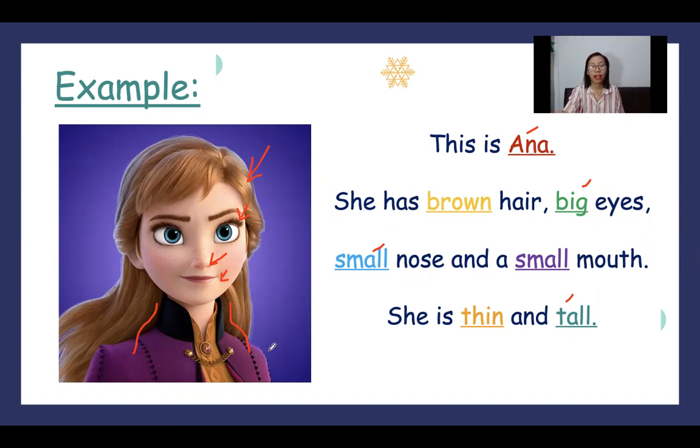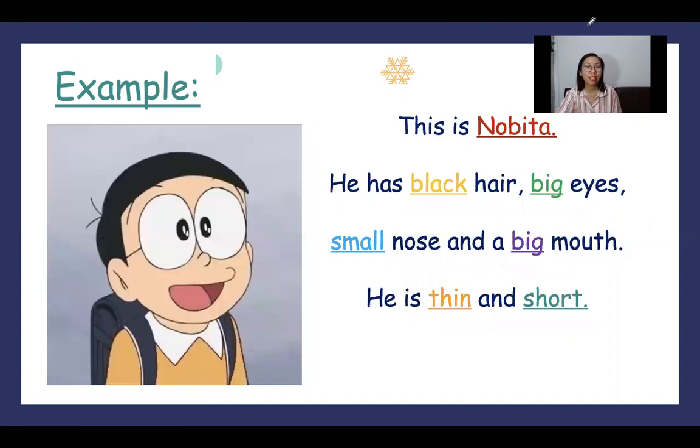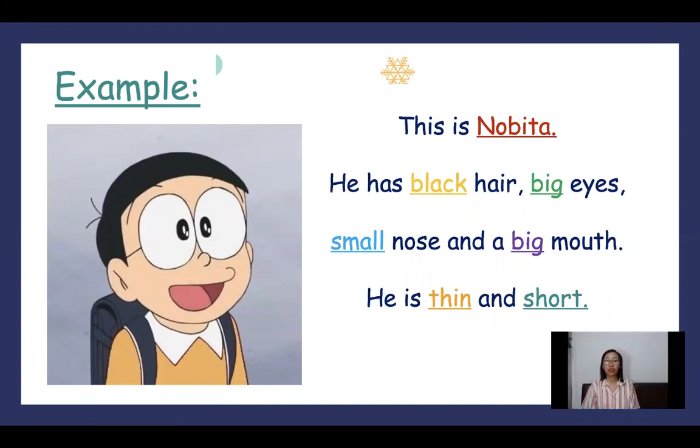All right, so again, another example. This is another best friend. Do you know him? This is my best friend number 2. What is his name? This is Nobita, my friend.